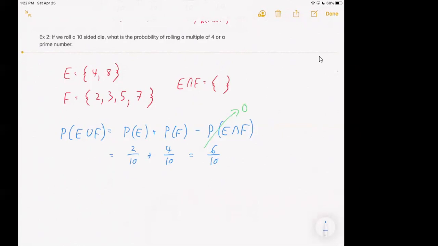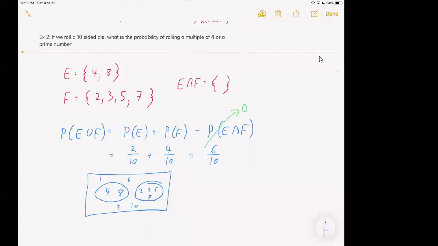Okay, so we could draw that real quickly. We draw the whole thing. There's no overlap. There's a 4 and an 8, and a 2, 3, 5, and 7. Looks like 1, 6, 9, and 10 are on the outside. And this would be a good chance to use the example of the complement.